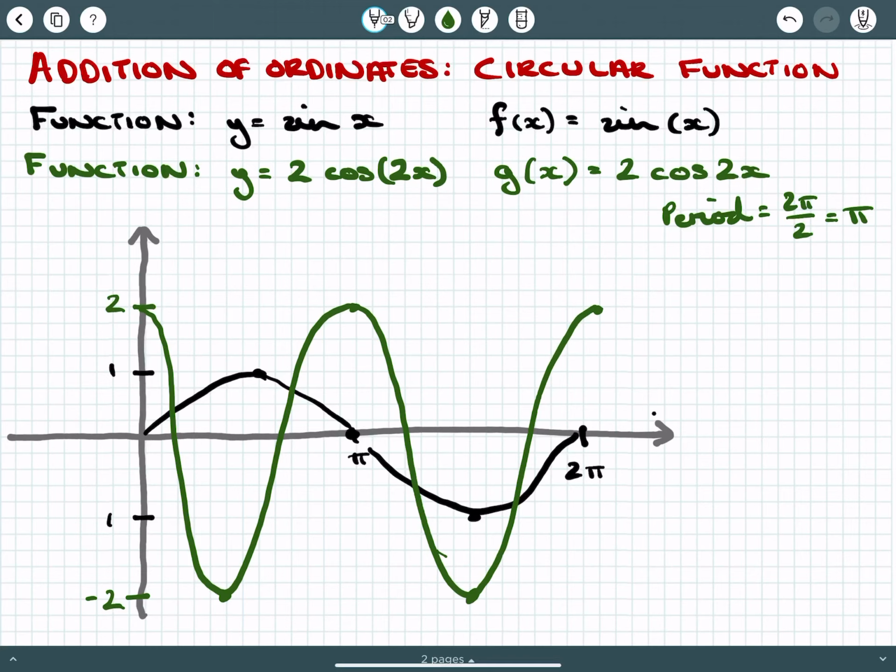on maximums, minimums, x-intercepts to be able to find where h(x) is going to lie.